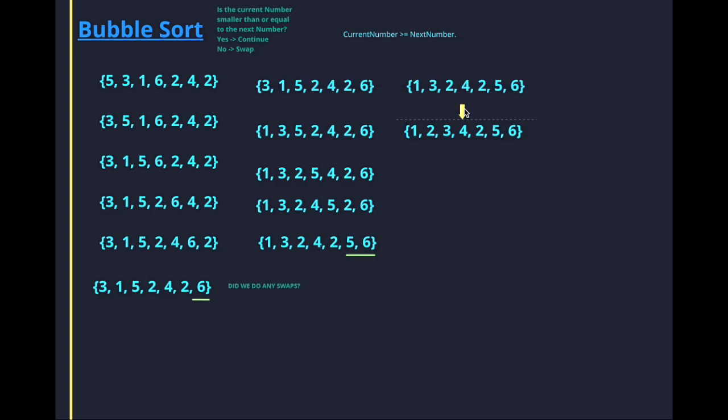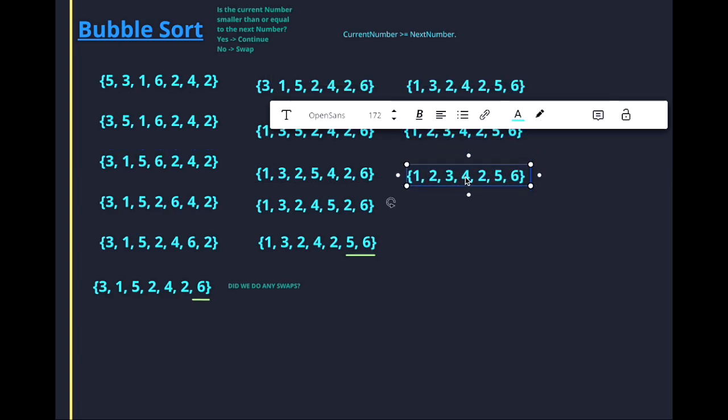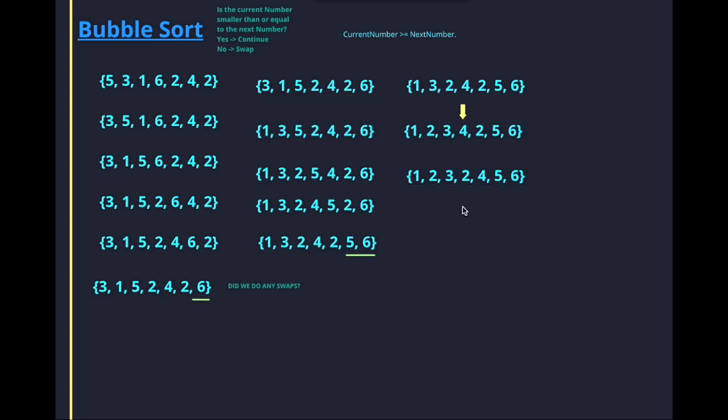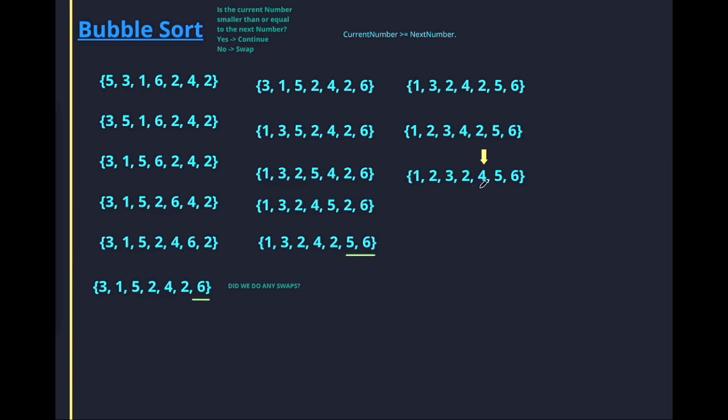And we are going to move to the next number. For 2, we need to swap here. 2, 4. Okay. And again, you can see the pattern discussed. 4, 5, 6. They are in their natural order.